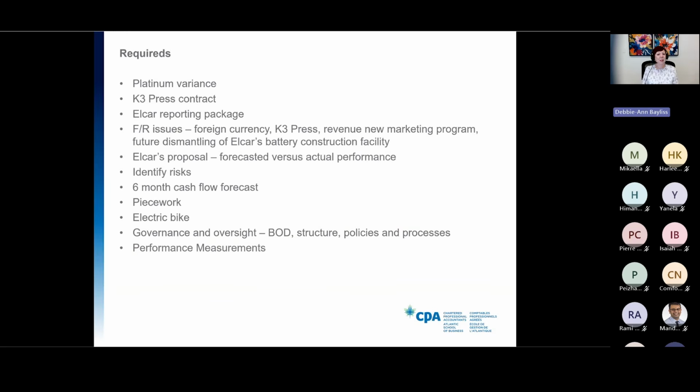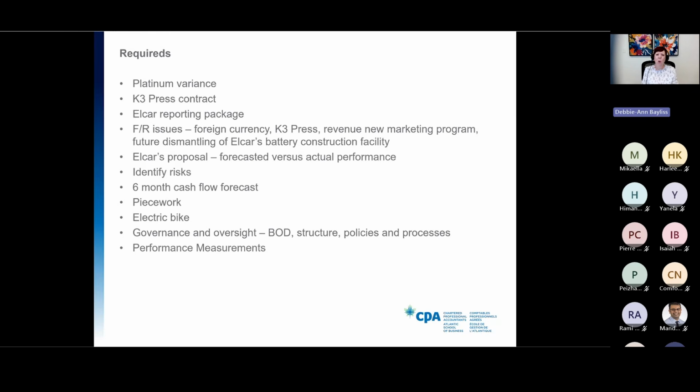So at this point, I've now identified all of the requirements. Before I even start looking at the appendices, I would recommend that you write down all those requireds on one of the blank sheets in your rough booklet. You're going to do that at some point because you're going to have to allocate time to each of those requireds.